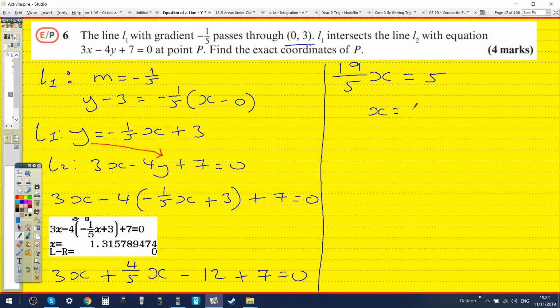And then that'll be 25 over 19. And press SD. Yeah, that's the same answer we got earlier. So, we've checked our answer. That's not a bad way to check it. They wanted exact, so they foiled us doing that. Is that 4 marks? No, because we need to find y now.